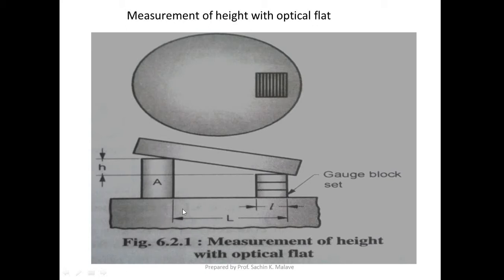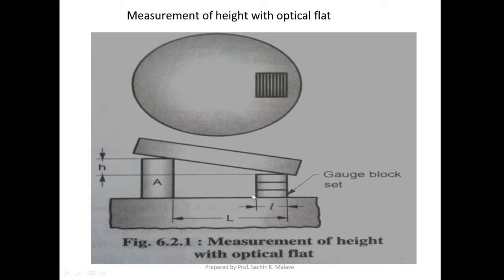Now the difference between the position of, say, part A or component and the gauge block set is capital L. So how is this measurement carried out?